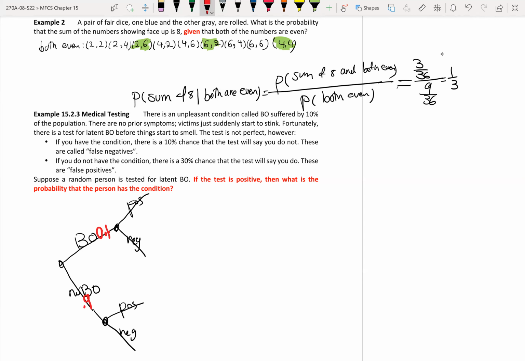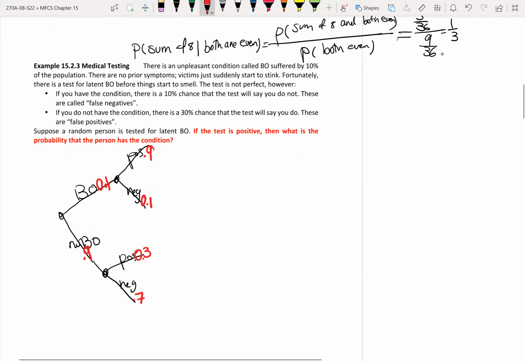What is the chance of a false negative? 10%. And then what's the chance for a false positive? 30%. Do you agree with my branches? So the rest of 90% goes there, the rest of 70% goes there, okay?